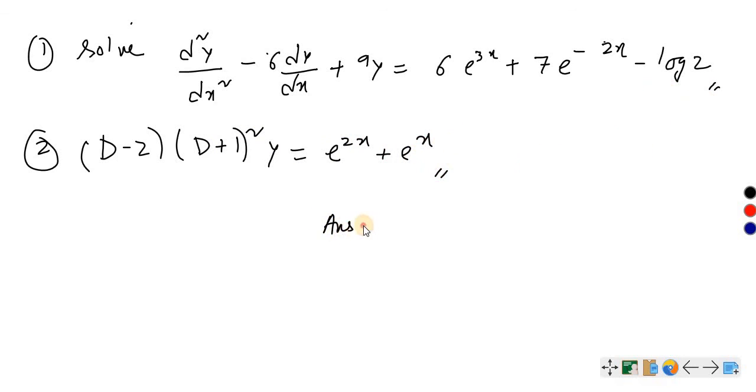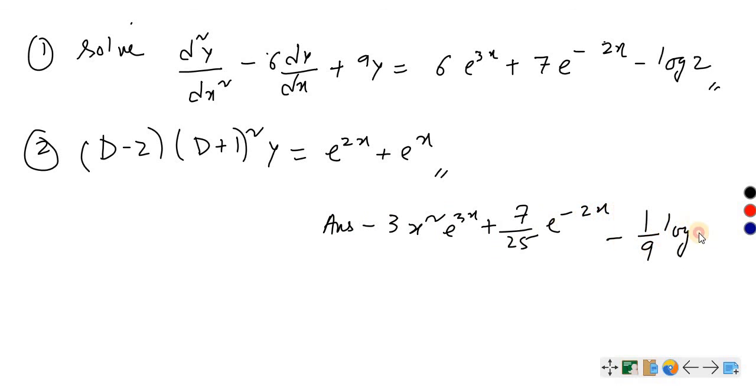The answer to problem number 1 is 3x² e^(3x) + 7/25 e^(−2x) − 1/9 log 2. So this is the solution for the particular integral.